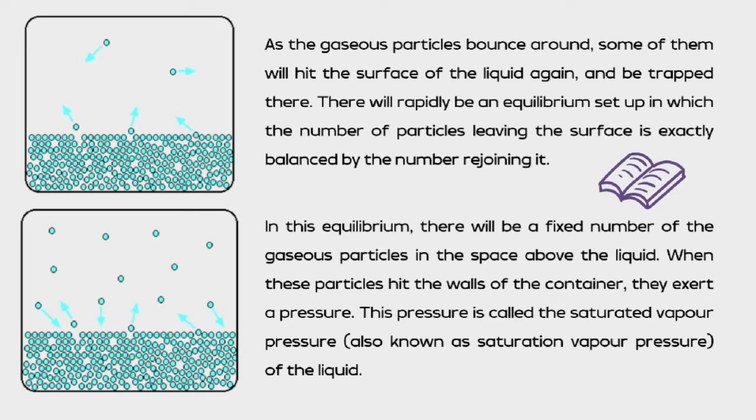There will rapidly be an equilibrium set up in which the number of particles leaving the surface is exactly balanced by the number rejoining it. In this equilibrium, there will be a fixed number of gaseous particles in the space above the liquid. When these particles hit the walls of the container, they exert a pressure. This pressure is called the saturated vapor pressure, also known as the saturation vapor pressure of the liquid.